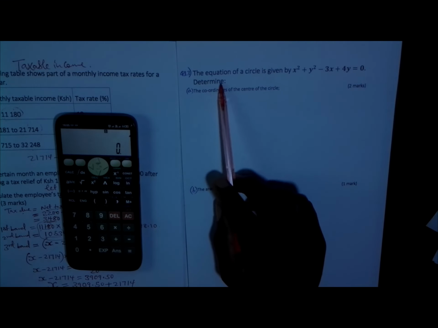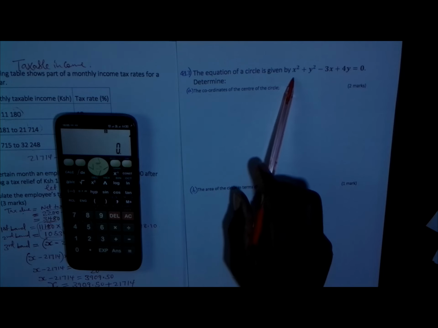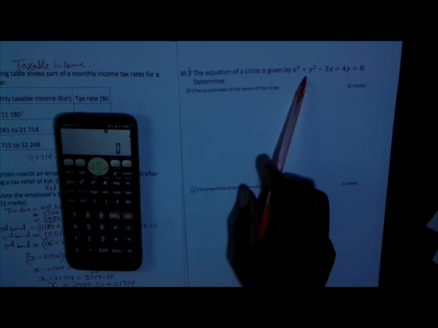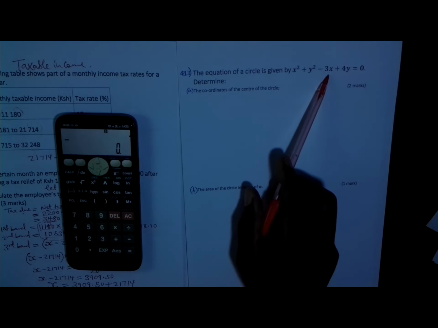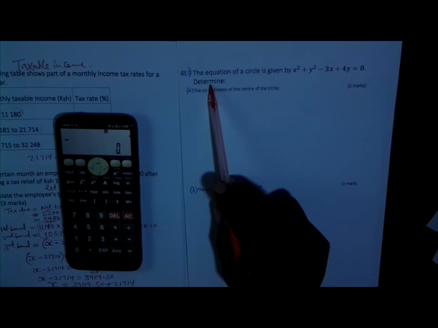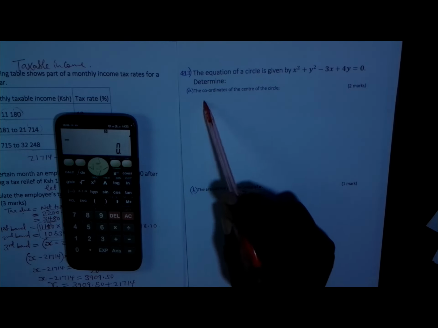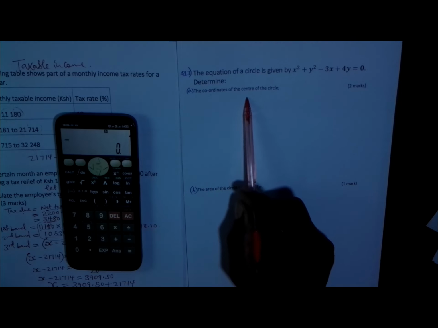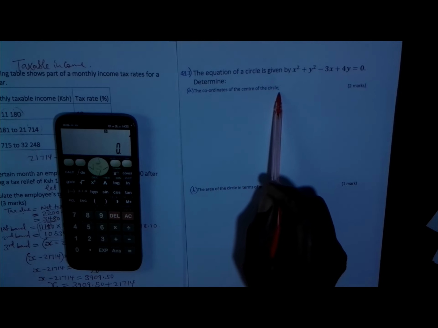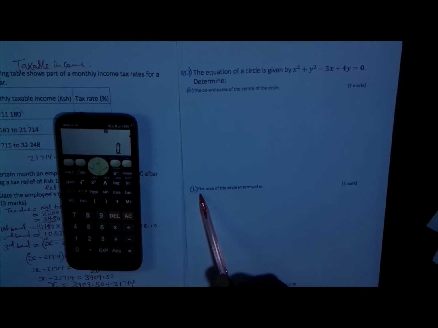Question 13. The equation of a circle is given by x squared plus y squared minus 3x plus 4y is equal to 0. Determine the coordinates of the center of the circle and the area of the circle in terms of pi.